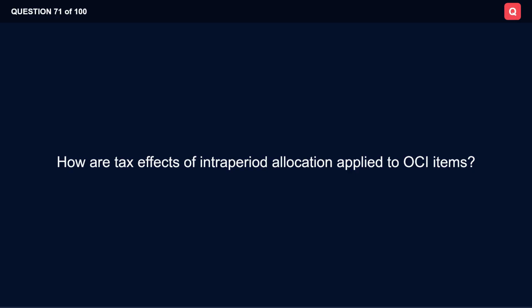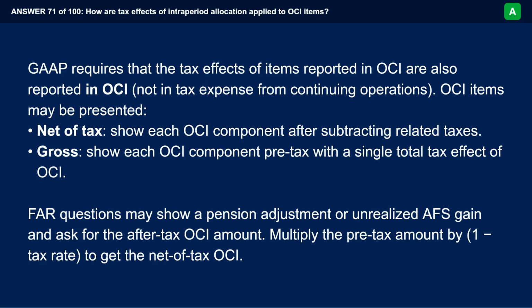How are tax effects of intra-period allocation applied to OCI items? GAAP requires that the tax effects of items reported in OCI are also reported in OCI, not in tax expense from continuing operations.